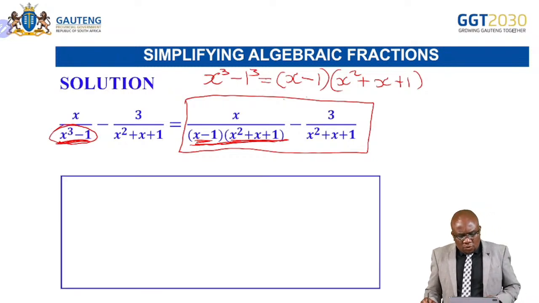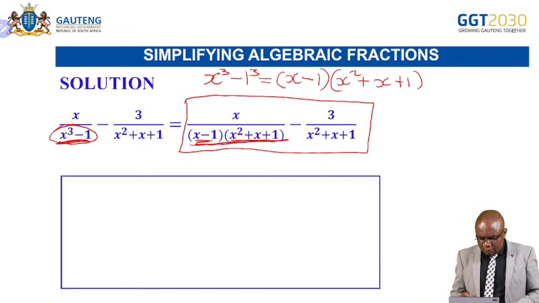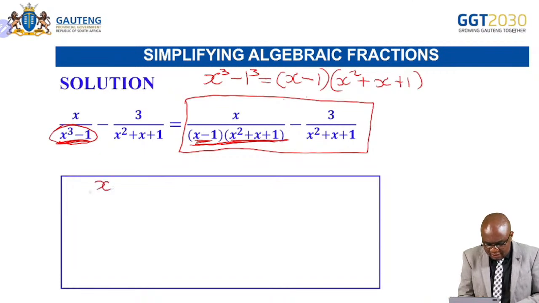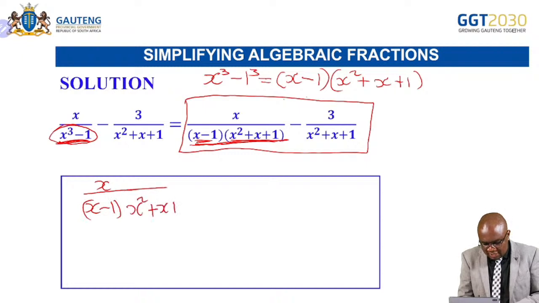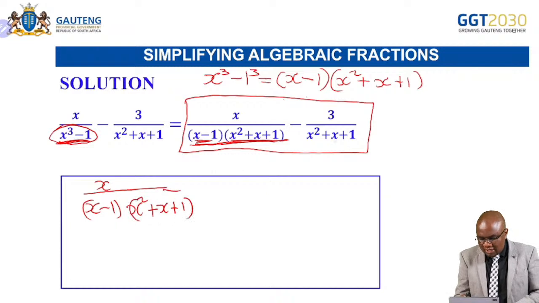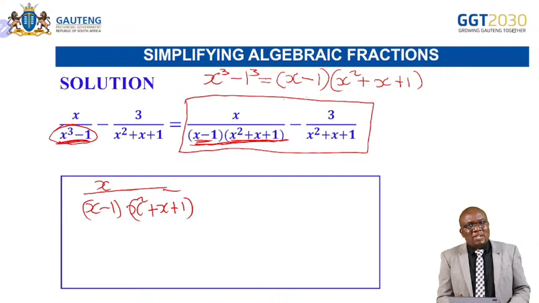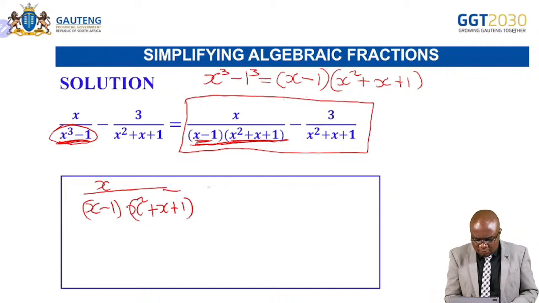So now, what do we need to do there? We have to say x minus 1, then x squared plus x plus 1. Now, this one, we have to multiply by x minus 1, so that we have the same denominator. Minus 3, and then x minus 1. We have to multiply both sides by x minus 1.